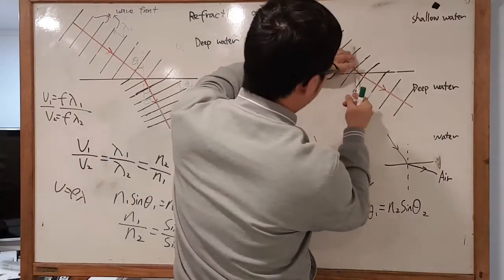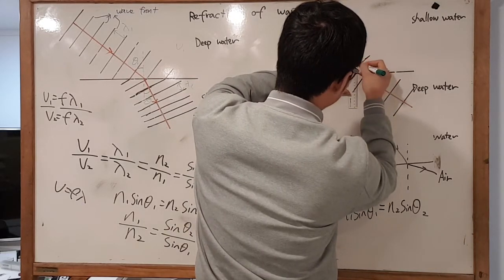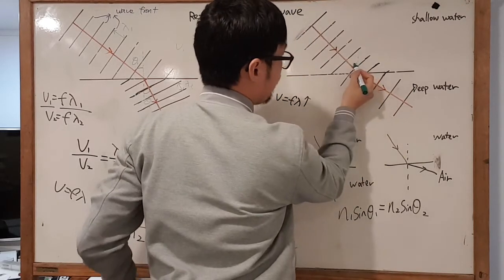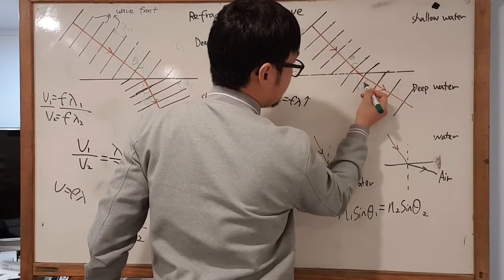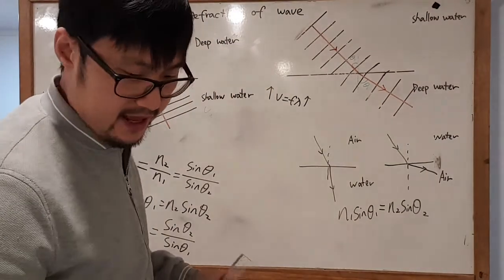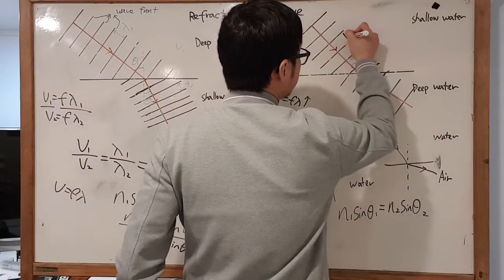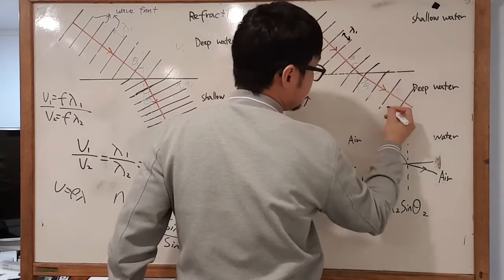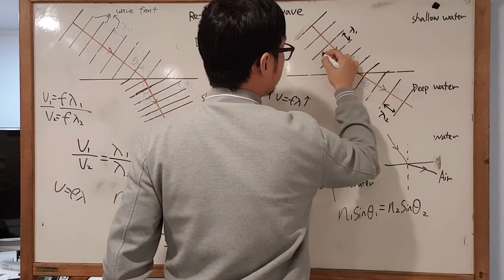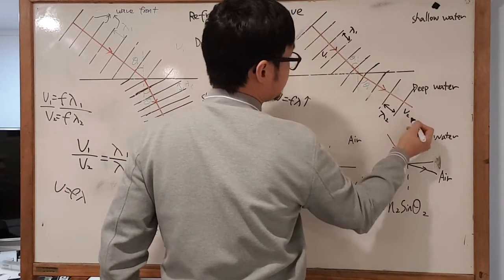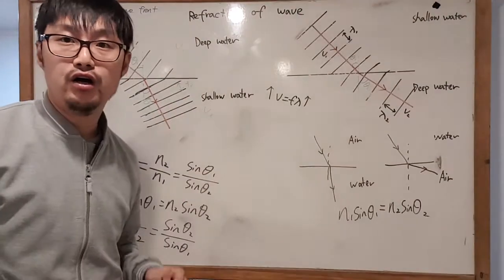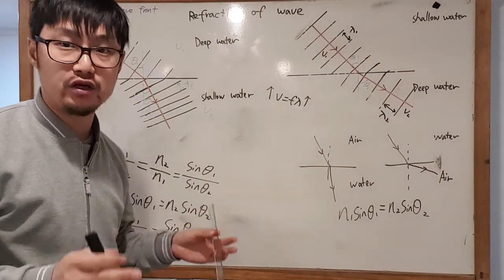So now if I draw the normal line, this is the reason why theta 1 and theta 2, now theta 2 is going to become bigger, right? Okay, and then that is going to be my lambda 1. This is my lambda 2. And there will be a speed v1 over here. There will be a speed v2 over here. Okay, so this is how a refraction of a wave actually works.